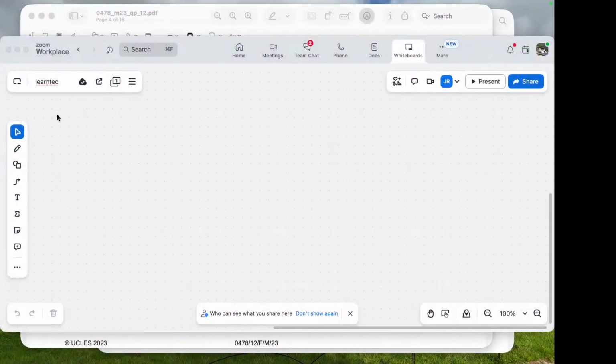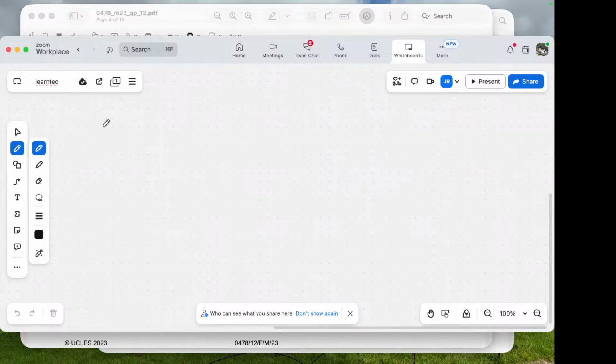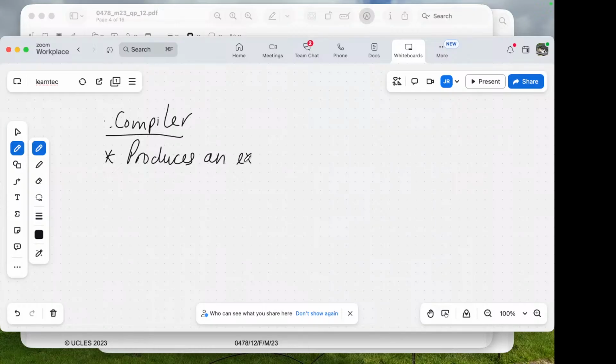Yeah, so let's think about what a compiler and an interpreter does. A compiler is, it's different languages, but ultimately what the compiler does is it produces an executable file, or exe file.